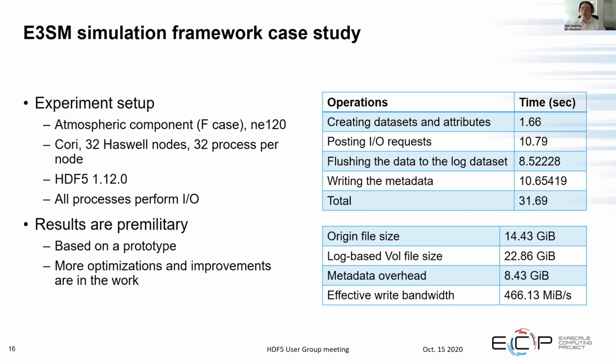The second column shows the file size generated by log-based VOL. We can see 8.4 gigabytes of difference, which is the overhead of the metadata, and about half a gigabyte per second effective write bandwidth when we adjust it for the inflation of file size.